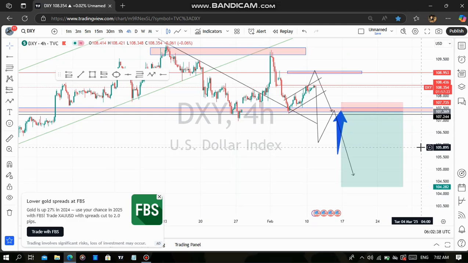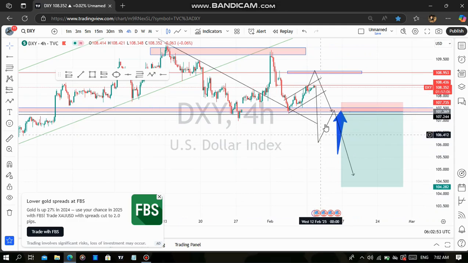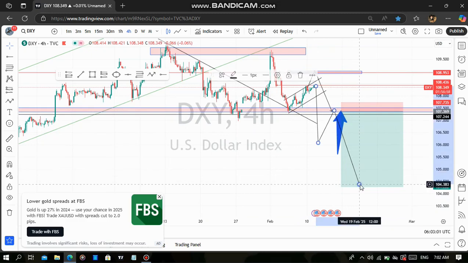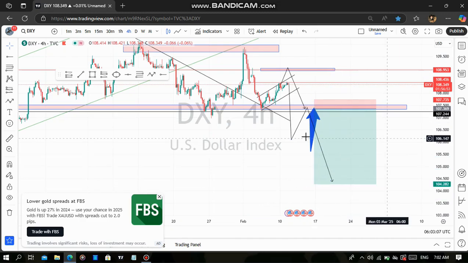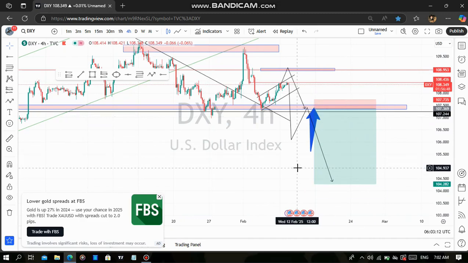This setup will give us higher chances that truly DXY wants to sell, because this support is the only thing preventing it from selling at this moment. Once it breaks through this support level and goes back for a retest, we should be expecting DXY to go down, to sell, to start forming a bearish trend, at least for some time.